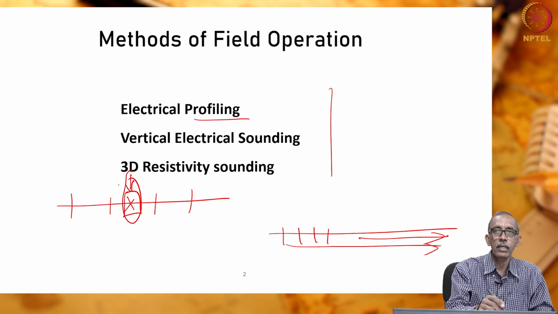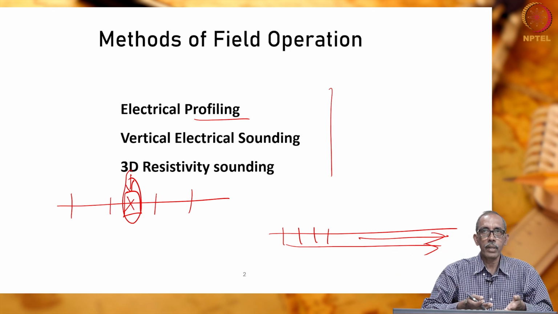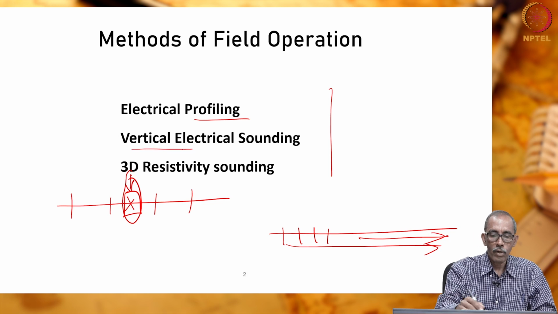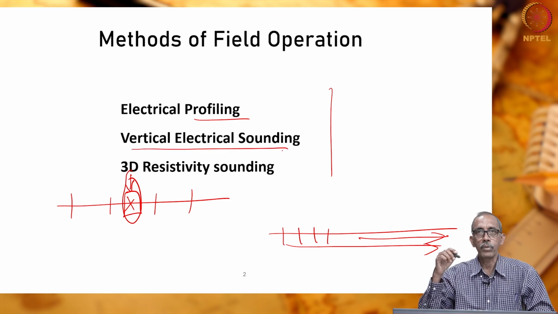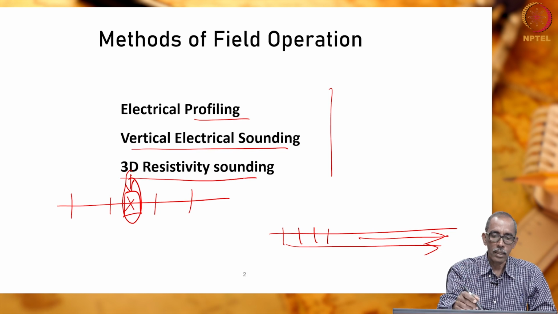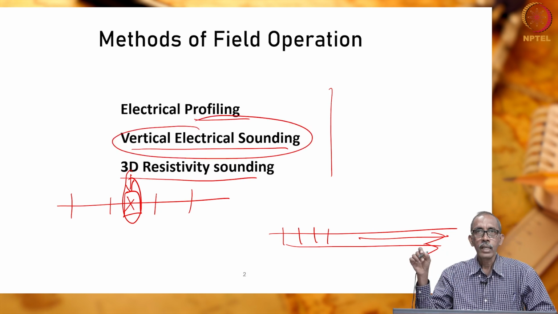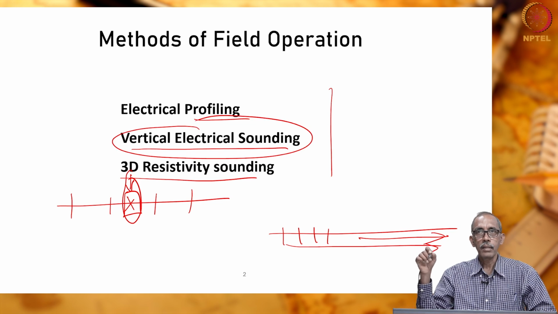This point will remain constant. We will spread the electrodes on either side so that the depth of penetration will increase. This is what is known as electrical sounding. Third one is the combination of both. We have seen that already. Today we are going to perform vertical electrical sounding at IIT Madras.